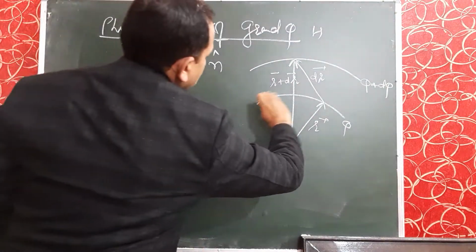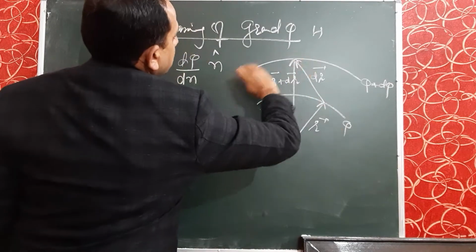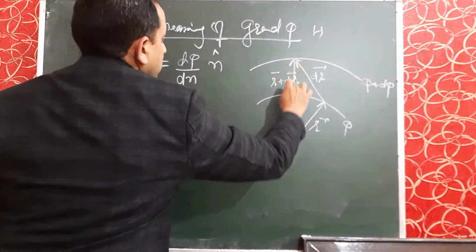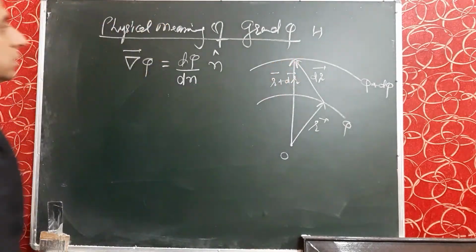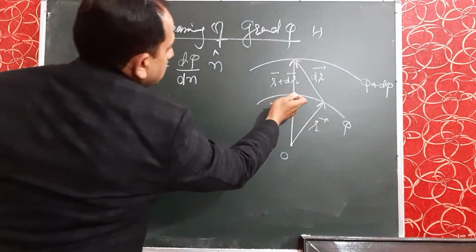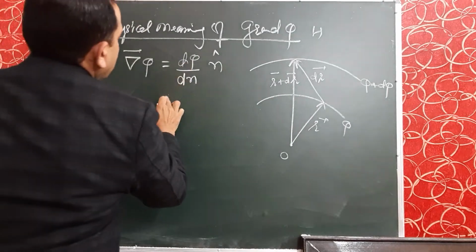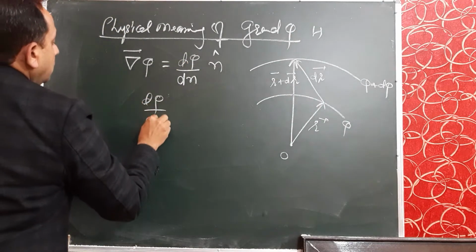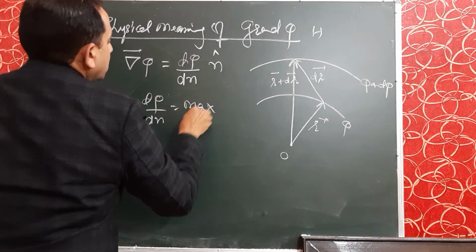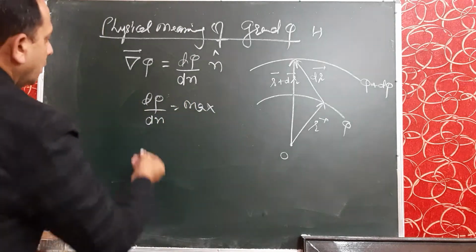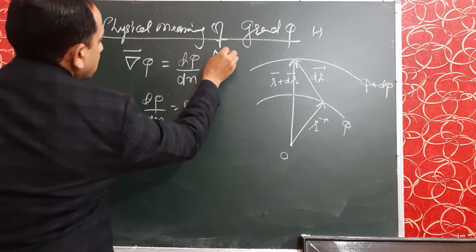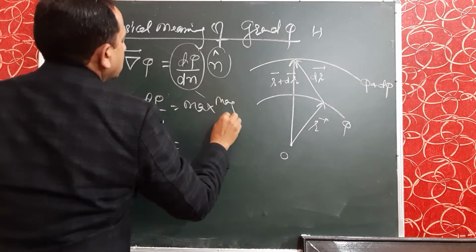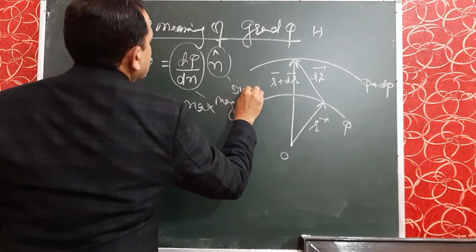So here at this surface the flux is phi, at this surface the flux is phi plus d phi. So the change in flux from here to here is in such a way that d phi upon dn is maximum, or the change is maximum. The n vector shows the direction, while this shows the magnitude.